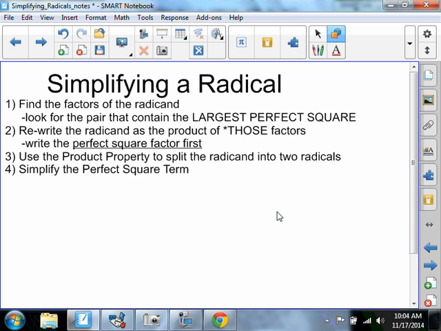In other words, write again the square root of something as the product of those factors. Sometimes the perfect square factor is going to be the one on the left, sometimes on the right. But I do want you to write the perfect square factor before you write the other factor. And you'll see why.